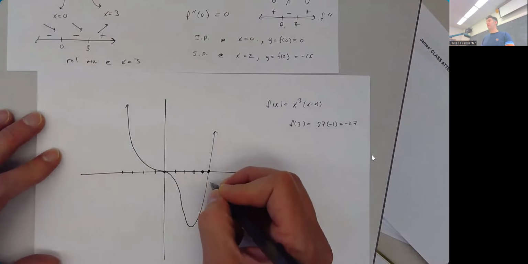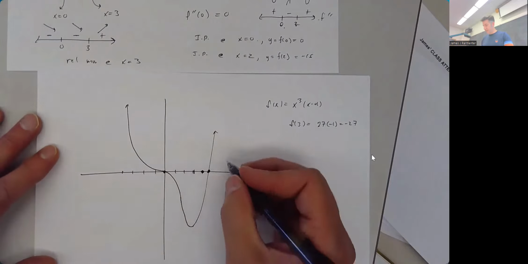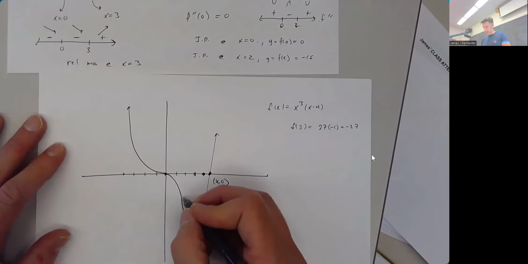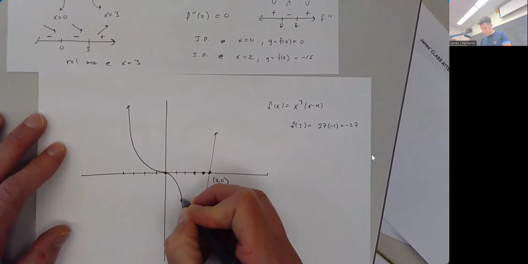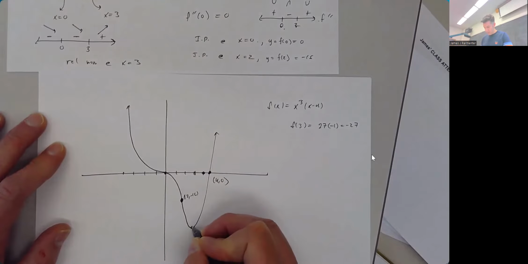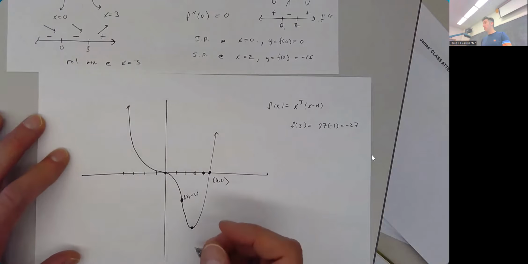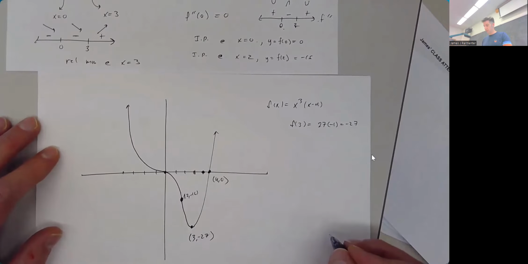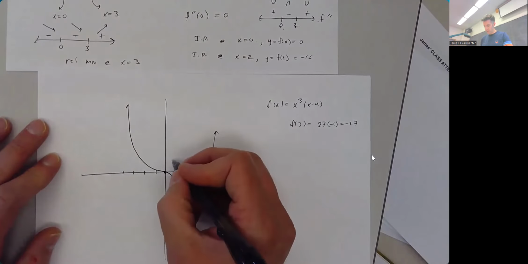That's why it's good to not draw these little marks here. So there's my inflection point approximately at 2 comma negative 16. There's my relative and global minimum at 3 comma negative 27. And there's another inflection point at 0, 0.